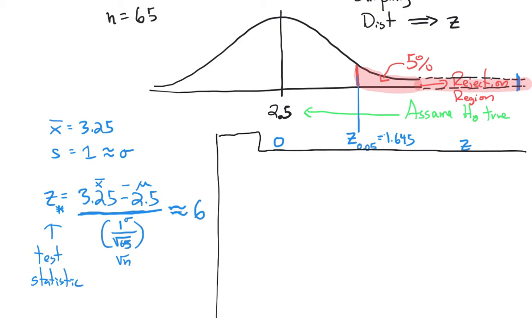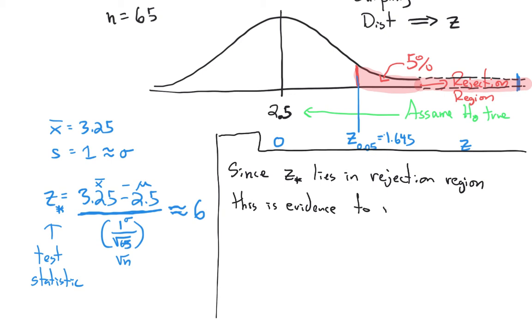So we can say, since our Z star lies in the rejection region, this is evidence to reject the null hypothesis, H0, so rejecting that the defendant is innocent, and accepting the alternative hypothesis that the defendant is guilty.